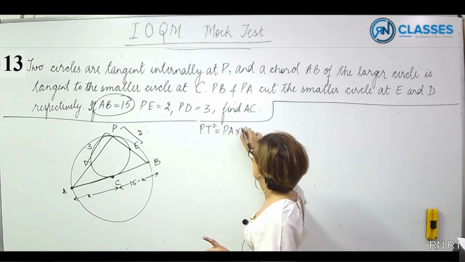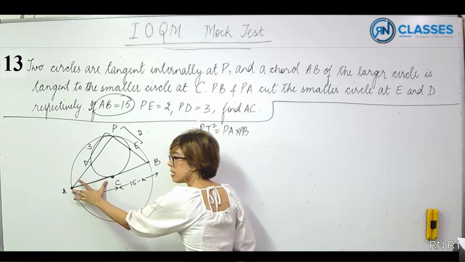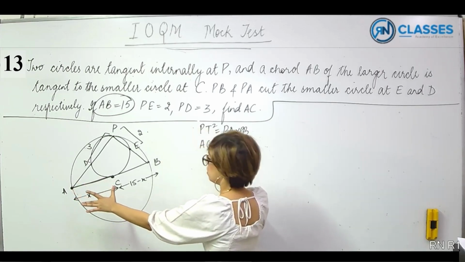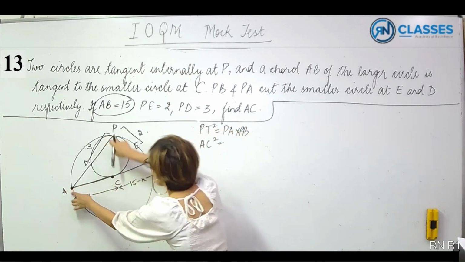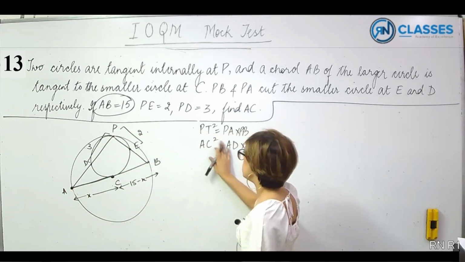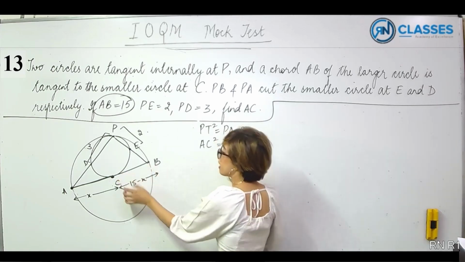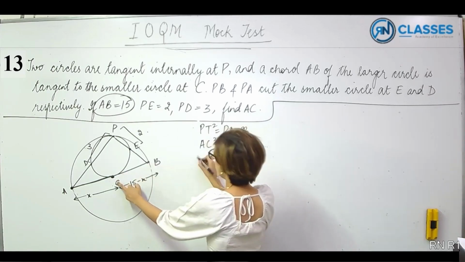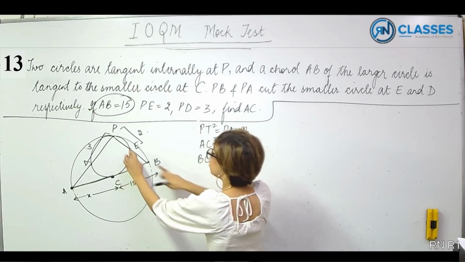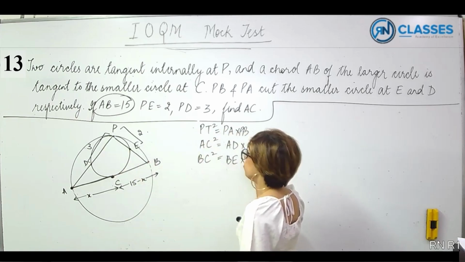This theorem, I hope you remember. Now, in this case, AC is the tangent, so AC square is equal to AD into AP. Written down. Done. Now, obviously, BC is the tangent, so BC square is equal to BE into BP.